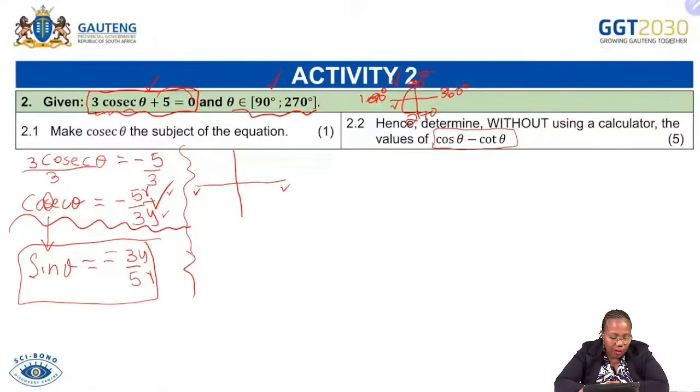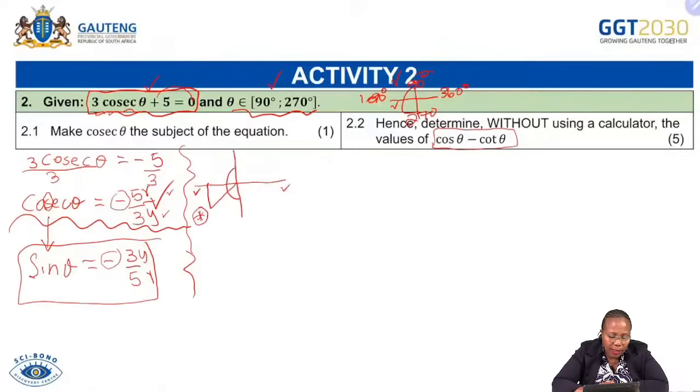But here we are looking at the cosec that is negative. That means it must be in either 3 or 4. But restriction is saying to us, work between 90 and 270. Where do we have a line and a tick? It is in this quadrant. Therefore, this will be our final quadrant to sketch our diagram.